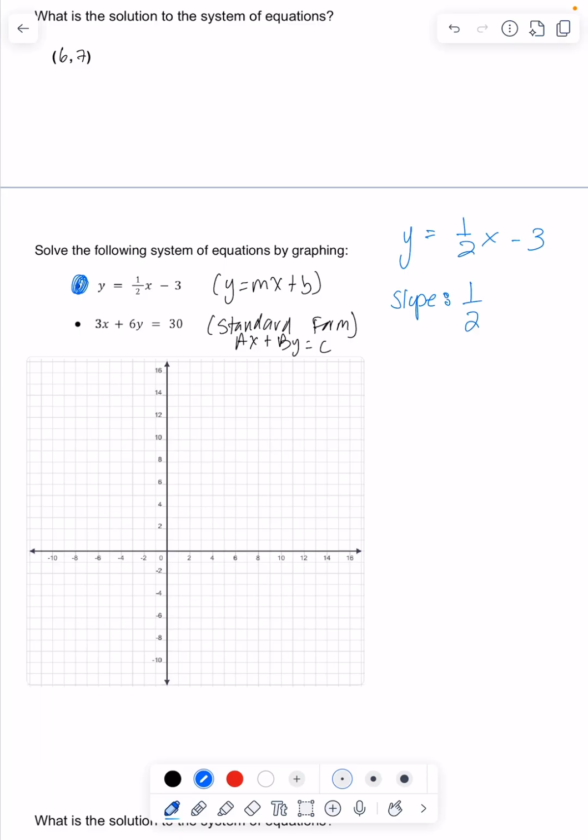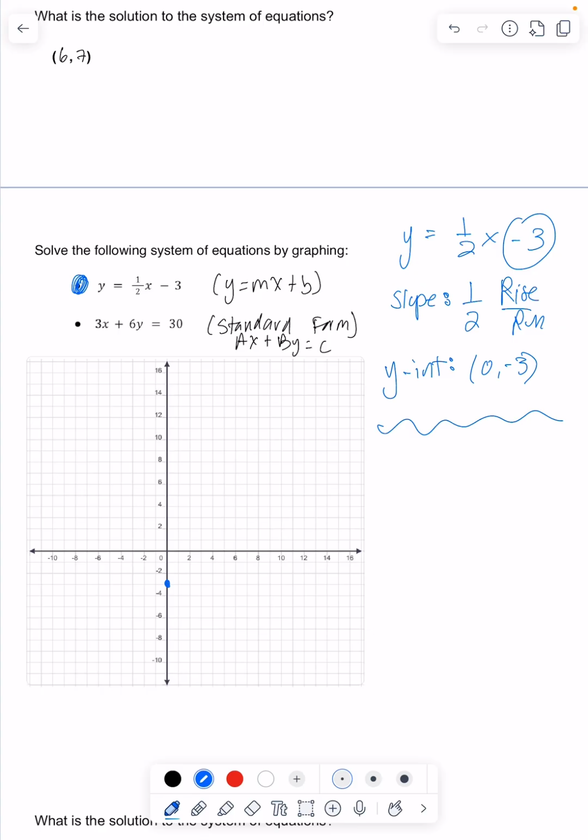So it's positive, so it's going to be rise over run. Perfect. And then what's my y-intercept? Well, my y-intercept for this one is at -3, so 0, -3. Perfect. And that's all I really need to graph it. So what's my starting point? Well, it's 0, -3, down here between -2 and -4.